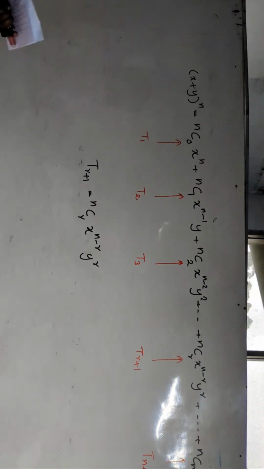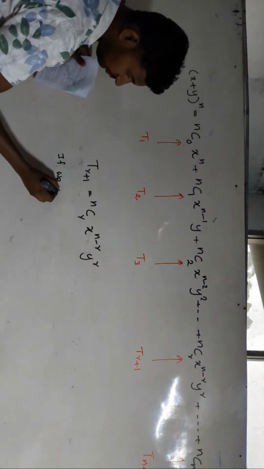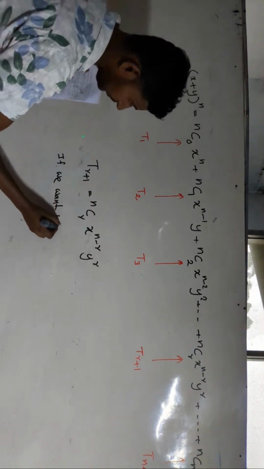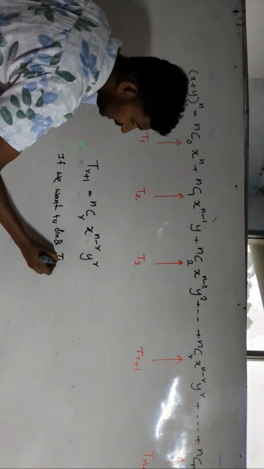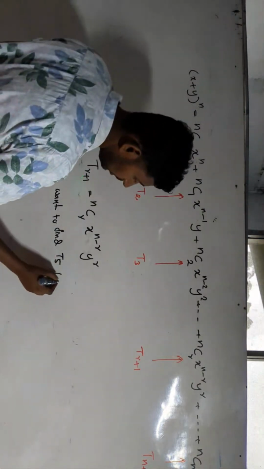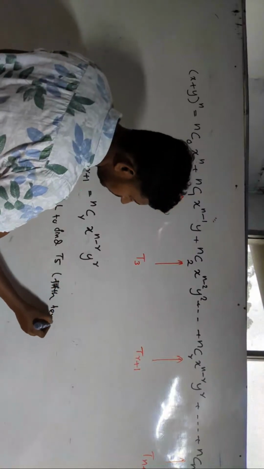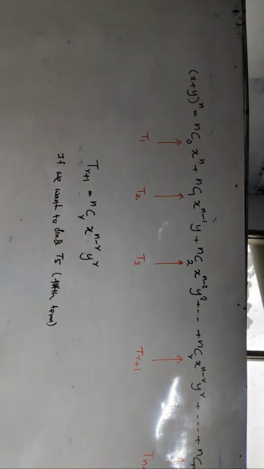Then we write down this sentence after that. If we want to find T5, or the fifth term, that means the fifth term, we need to apply r is equal to 4.